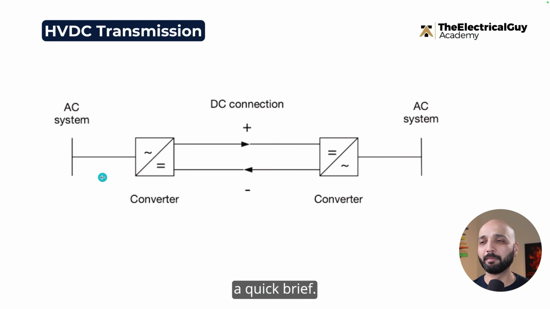But just to give you a quick brief, in HVDC there is first an AC system, which is then converted by the converter station into DC. We transmit that power using DC lines. Then again, there is a converter that converts back to AC, and then we connect it to the AC system. This is very important when we have to transmit power between two regions that have different frequencies.